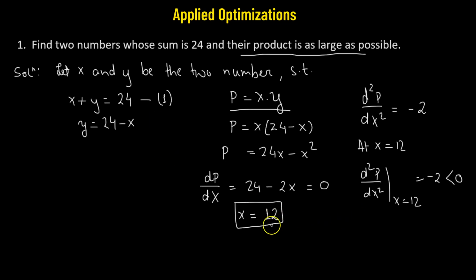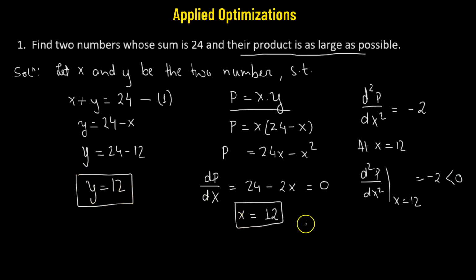Now that we have the value of x, the value of y will be 24 minus 12, so y is also equal to 12. That means we have two values, both of them 12, such that their sum is 24 and the product is as large as possible. For instance, we can have different possibilities of x and y. Let's say x is 10, then y must be 14.